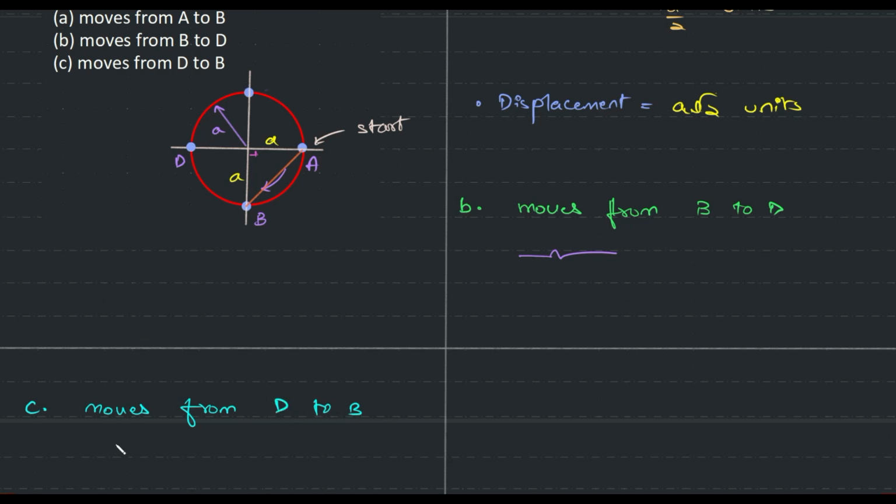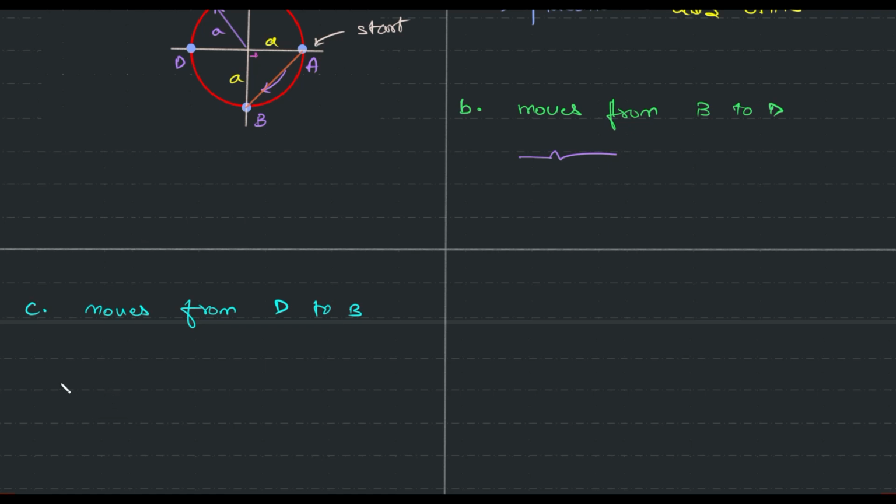So what's happening over here? Distance will be 3/4 of the circumference. So this will be 3 pi a by 2.